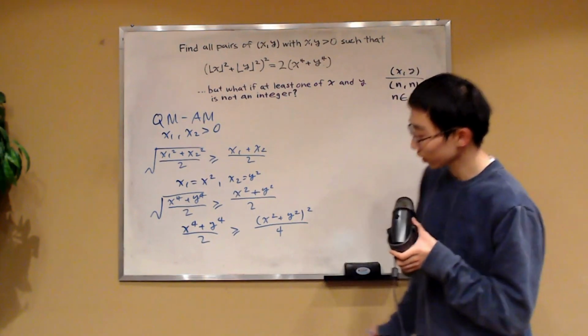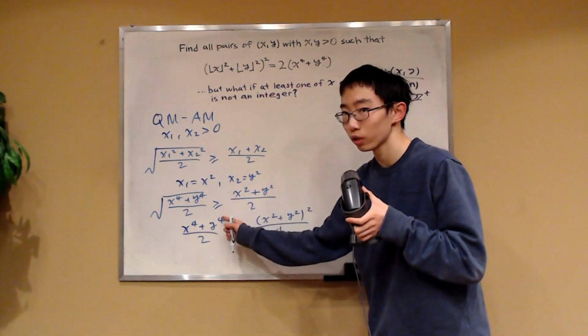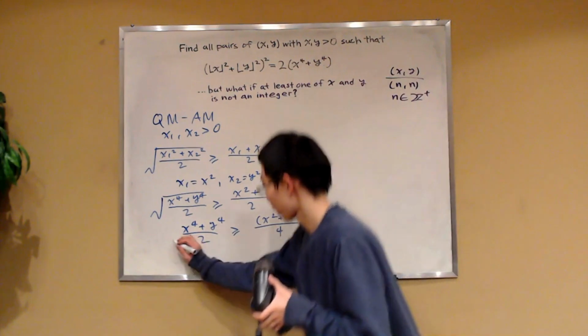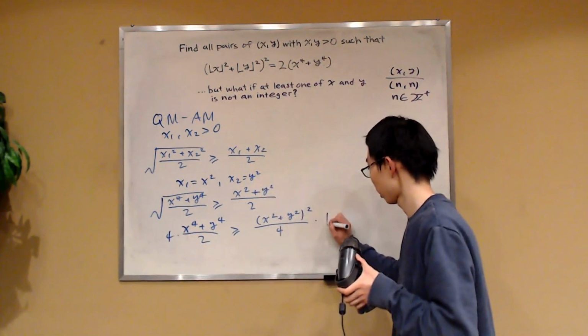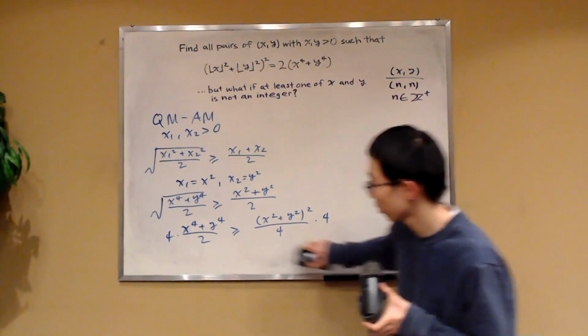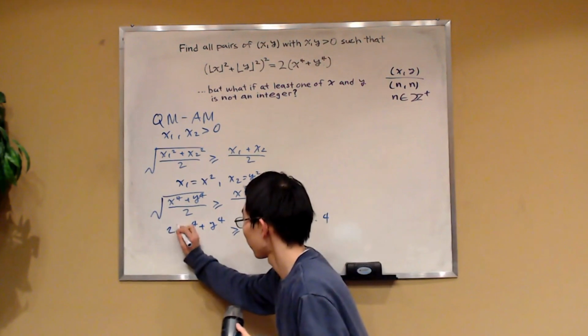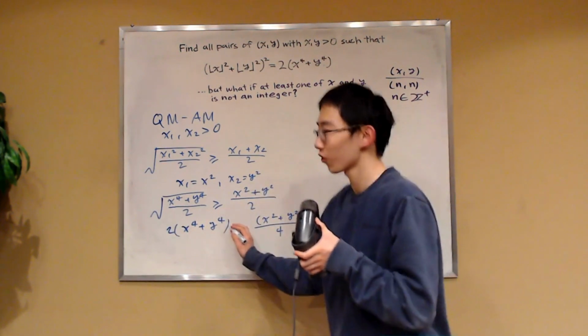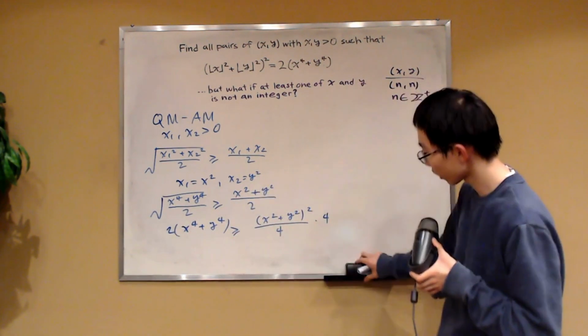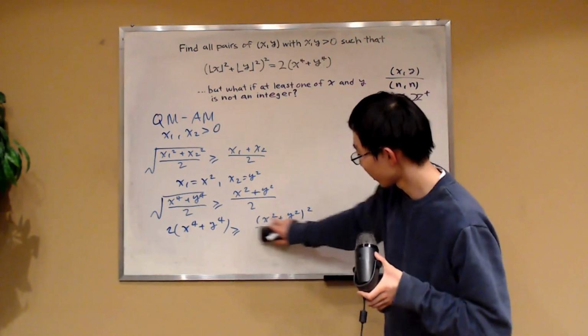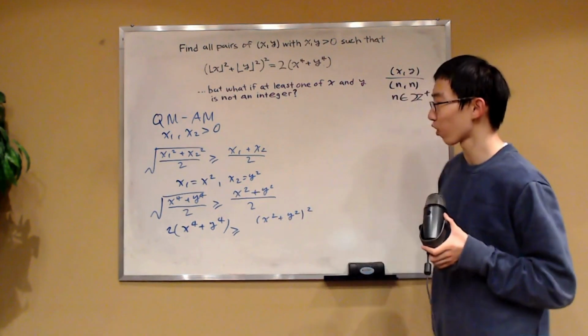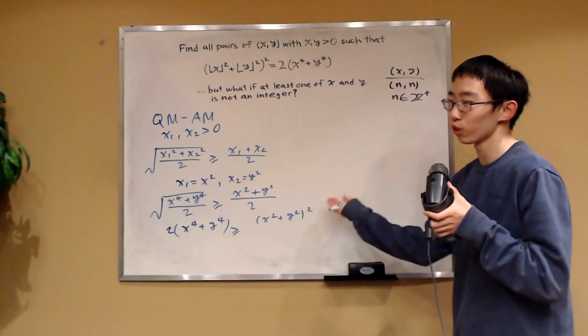And over here, to get 2 times (x to the 4 plus y to the 4), you just have to multiply both sides by 4, right? And this side will become our desired expression of 2 times (x to the 4 plus y to the 4). And the 4 and 4 over here cancel away. And therefore, we have something that is very beautiful.